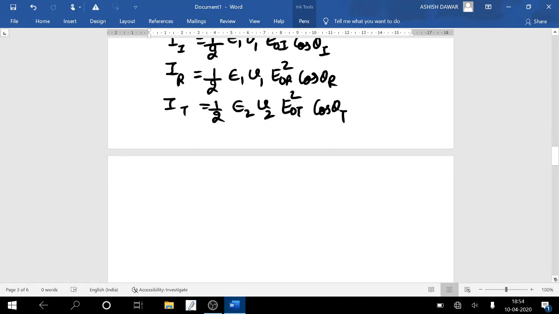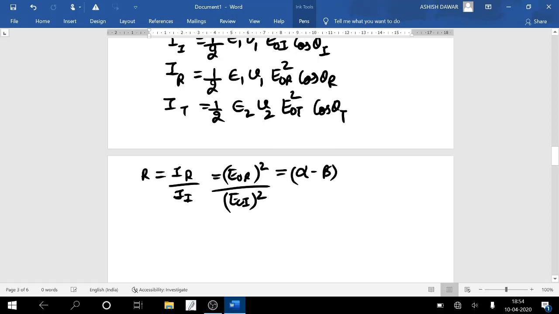So R is equal to IR upon II. So that becomes E0 R square upon E0 I square, and this is equal to alpha minus beta square upon alpha plus beta square, E0 I square upon E0 I square.